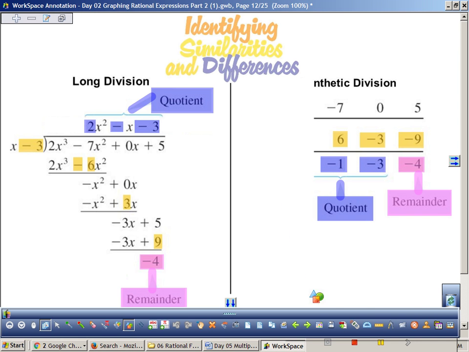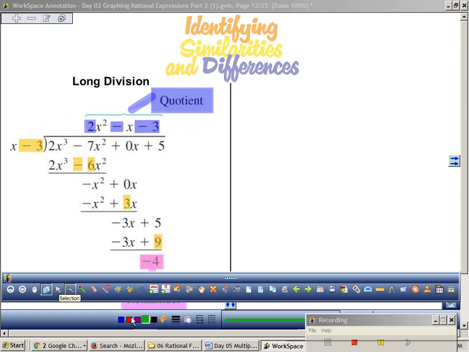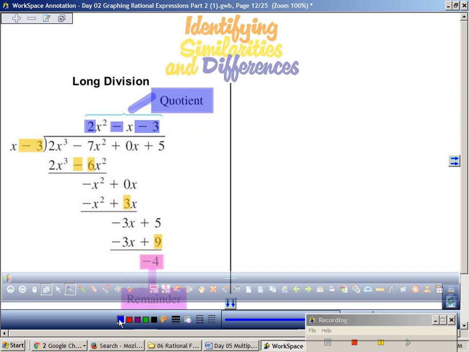Remember I told you that? I only put that there so you could see it. So the quotient is 2x squared minus x minus 3 with a remainder of negative 4. I'm going to say plus negative 4 over x minus 3.